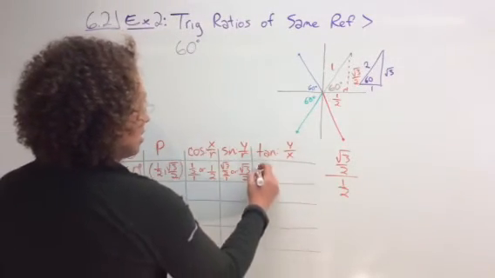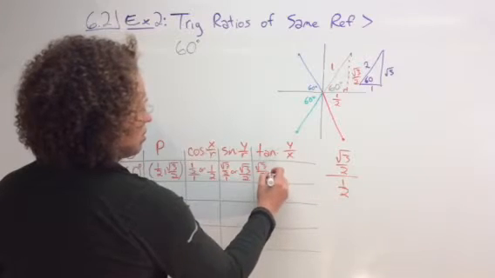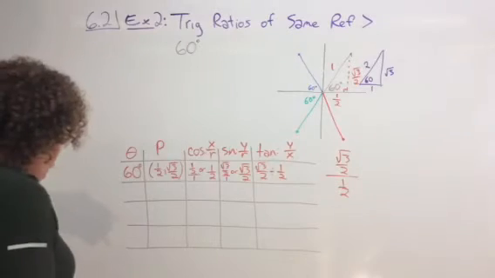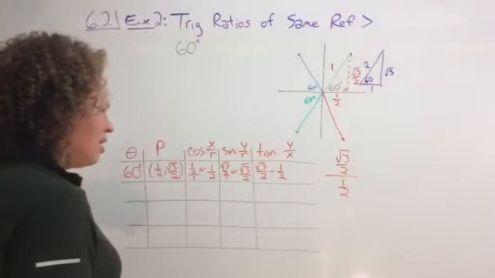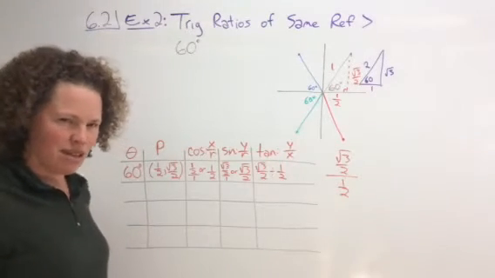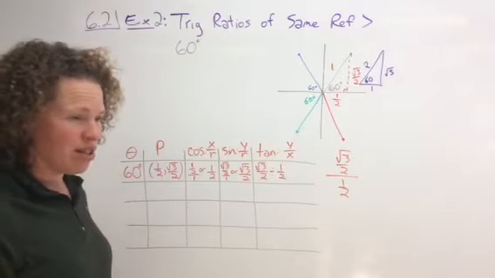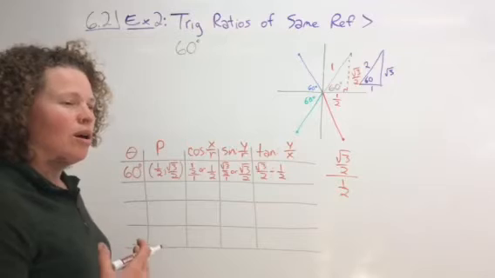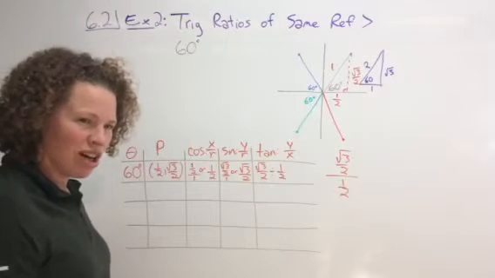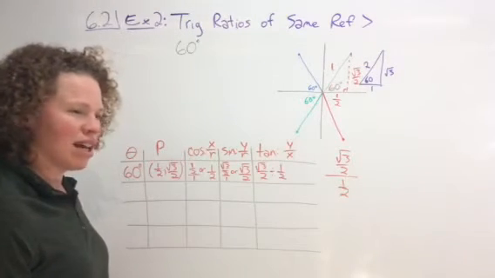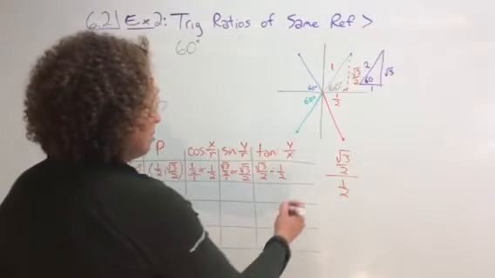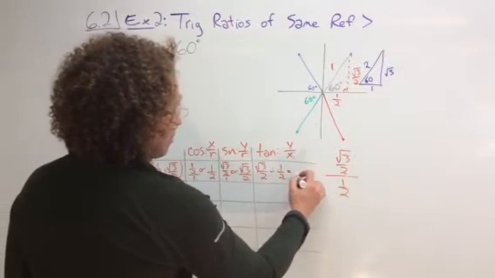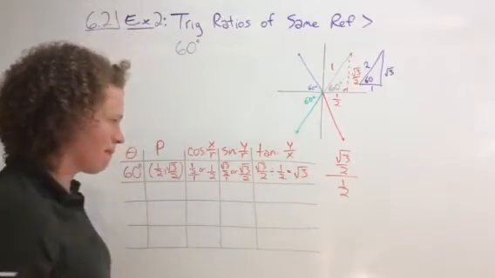So what you do instead is you go root 3 over 2 divided by 1/2. And if you remember, this is a bit of a stretch, but in grade 8 we did learn that if you were dividing a fraction by a fraction that had the same denominator, then you could just cancel out the denominators. And you could go root 3 over 1, which is just root 3.